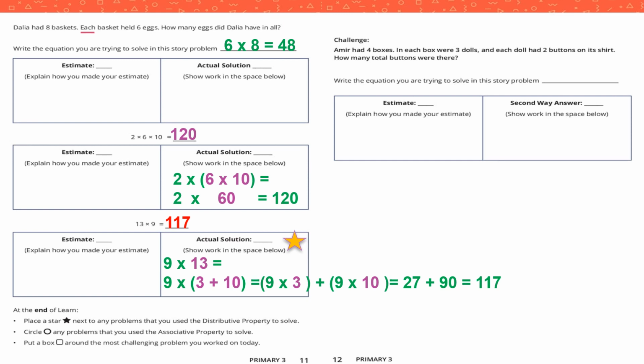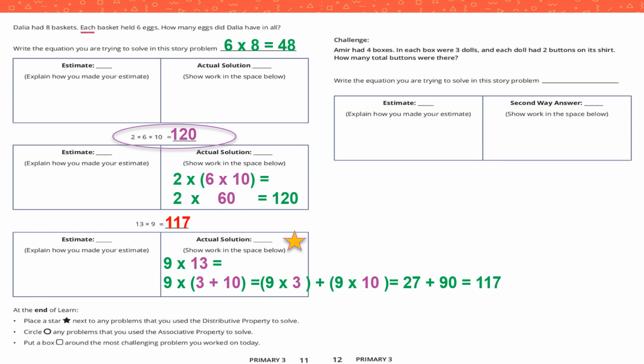Which one? Yes, this. And put a box around the most challenging problem. I think they are very easy. We studied them before, so if you find something challenging for you, you can put a box around it.